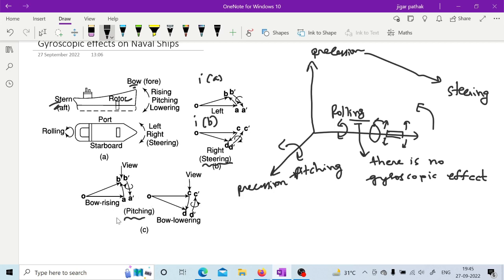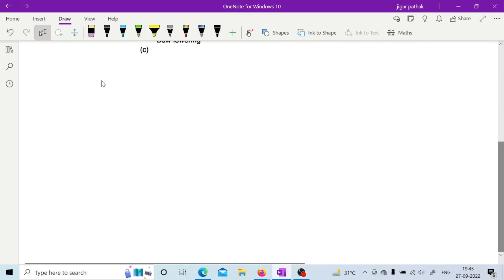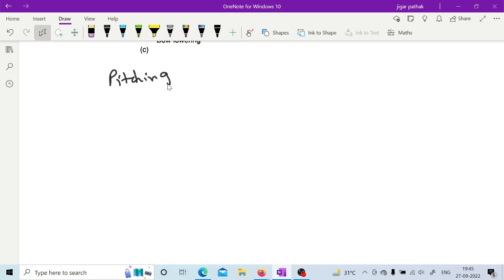It is mentioned what is going to happen when the bow is rising and when the bow is lowering. In case of pitching, the gyroscopic couple needs to be calculated.